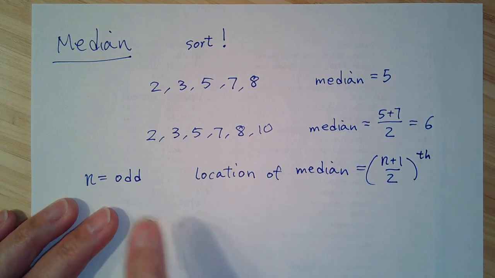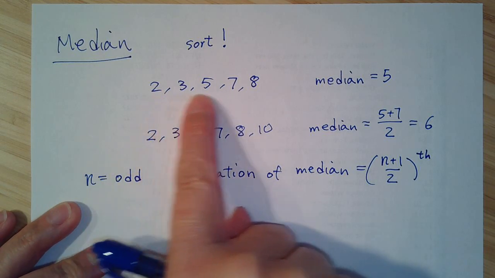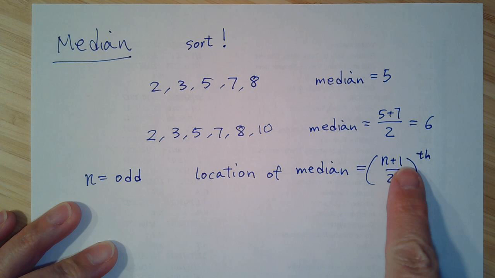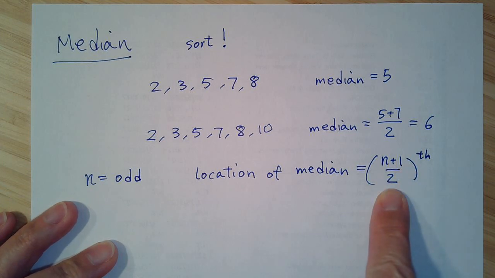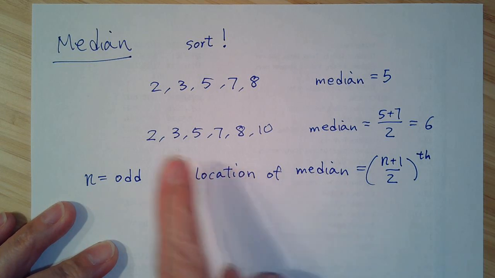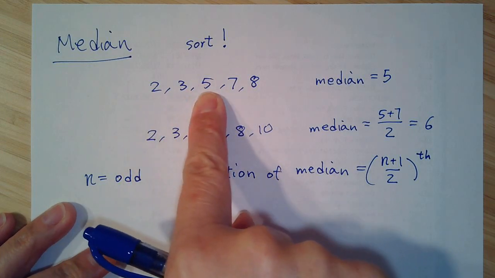So what you need to do is plug in n equals 5, because you have 5 numbers. So 5 plus 1, which is 6, divided by 2, you get 3. Sorry, I should put rd, so it's the 3rd. The median is the third number, so 1, 2, 3, and that is your median.